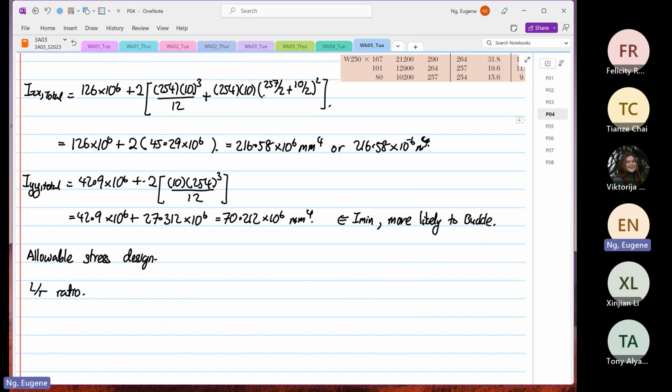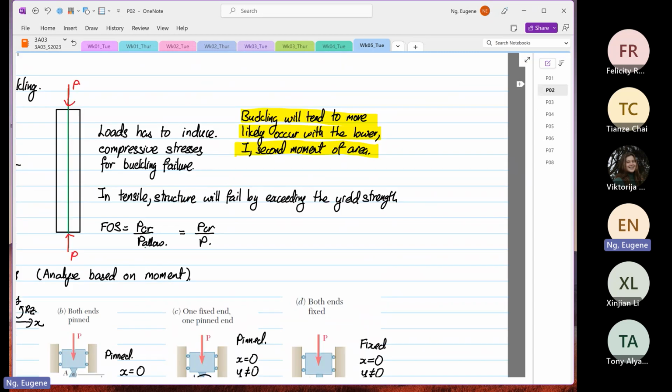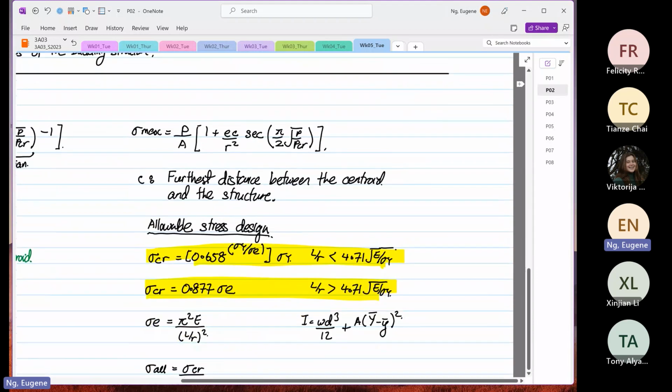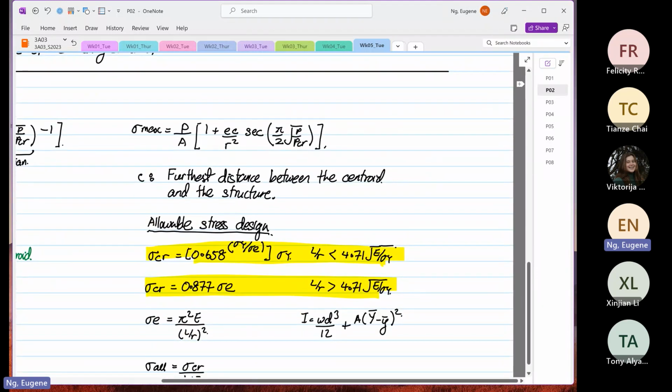So if you look at our formula sheet, what formula to use is dependent on our L over R ratio. So we have to find out our L over R ratio first. Then we have to find our 4.71 square root of E over stress Y. Okay, so let's do this first.